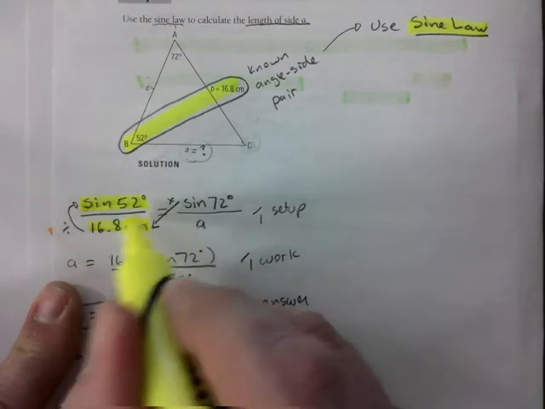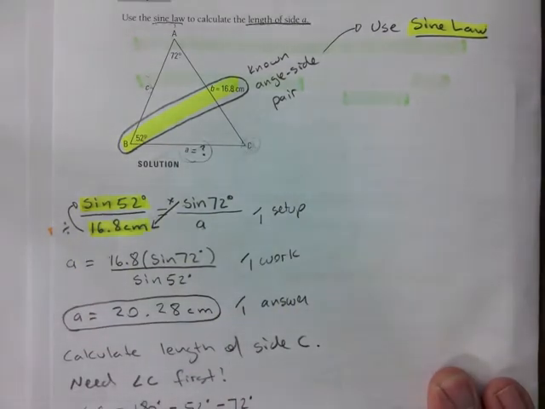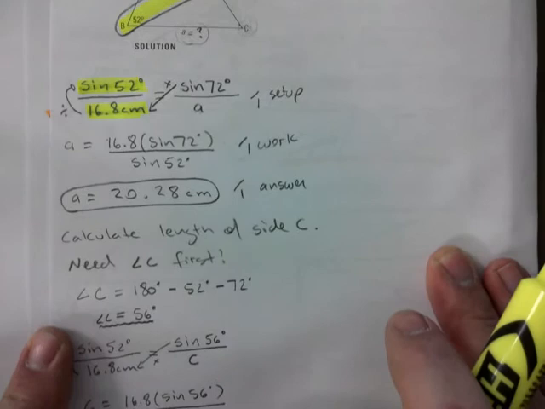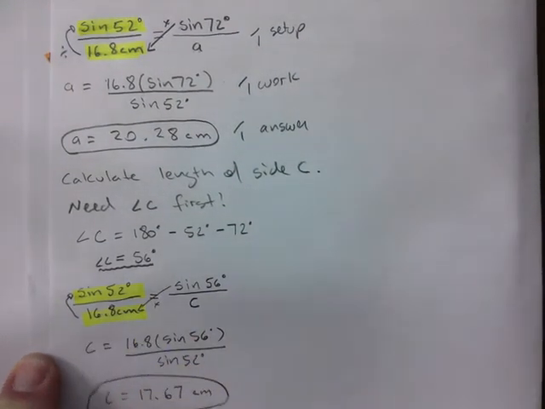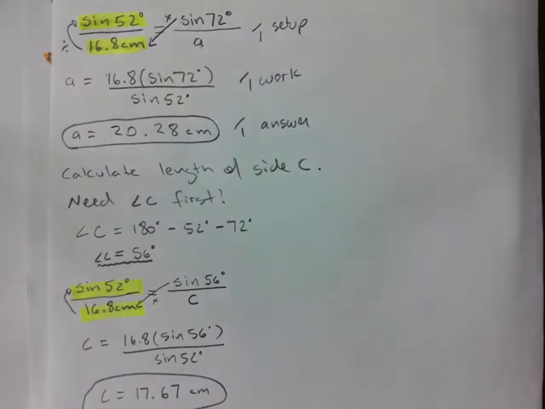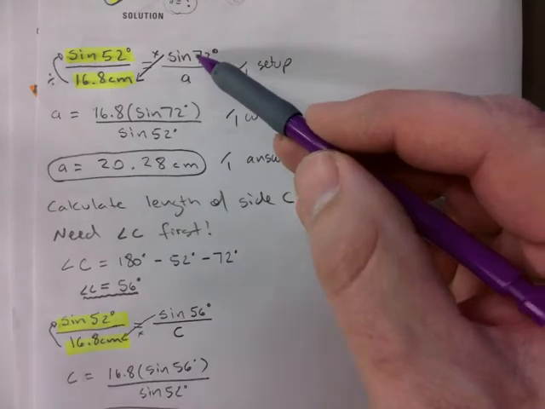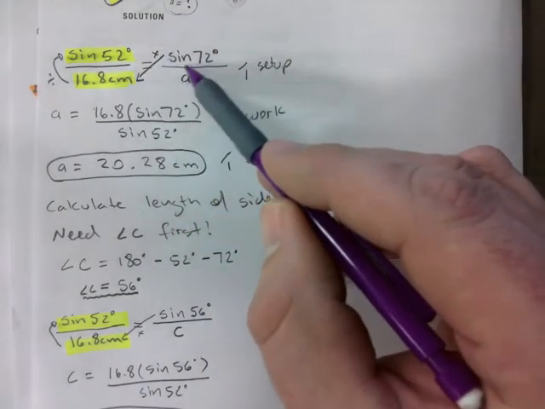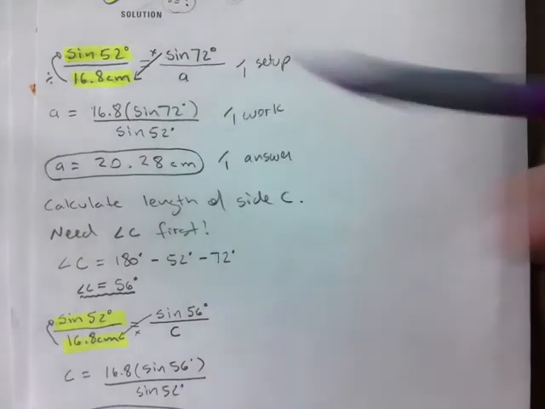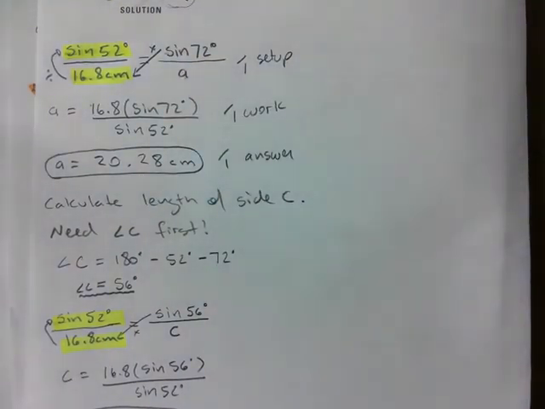That pair shows up here, and that pair shows up again here. So we use that to get us started, and then I fill in the rest. But please never just have, for example, up here, just have 72 show up. Some students set this up, and then they just put 72 degrees. That's it. No sine in front of it. Remember, an angle always has to have sine or cosine glued to it. So remember that.